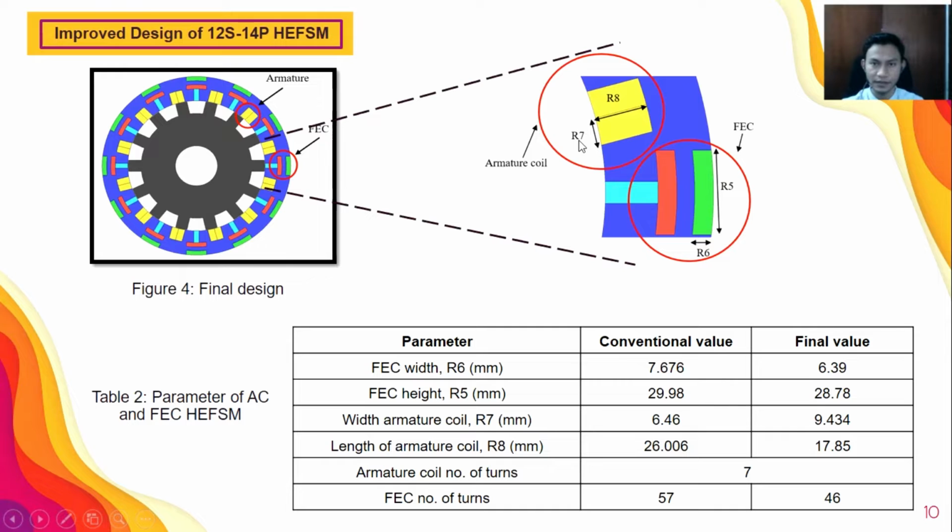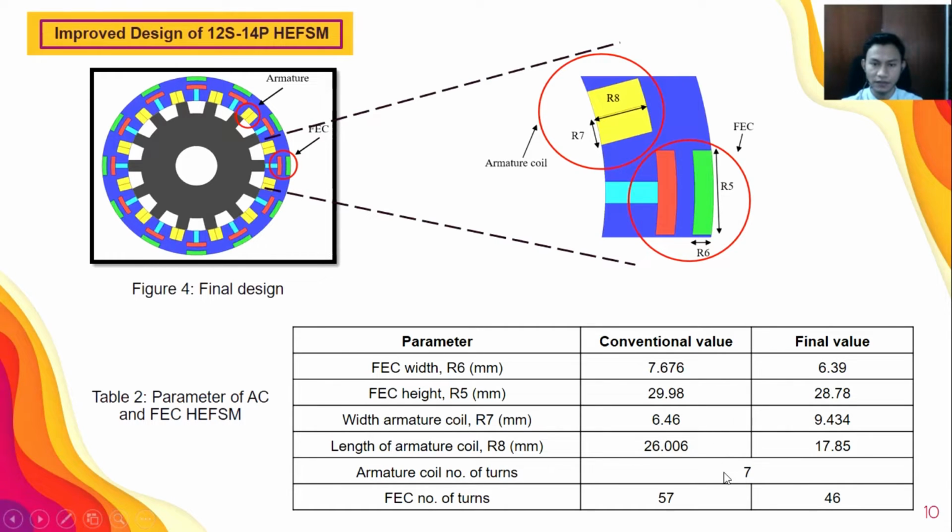So we move to the armature coil. I changed the parameters R7 and R8, which are, from the conventional design, the armature width of 6.46 and the final value of 9.434, and the armature length of 26.006 and the final value of 17.85. The slot area is in the range of 168 and 167 for both the final value and the conventional value.